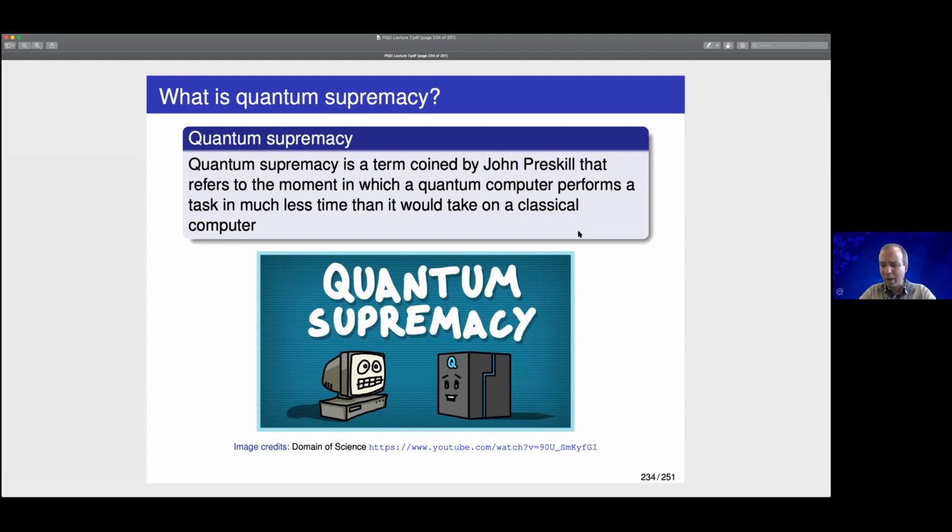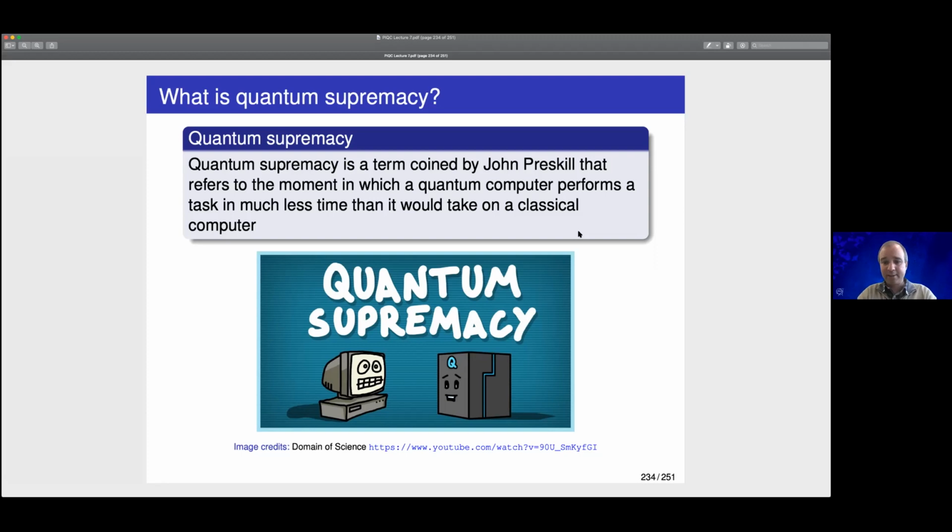Okay, so quantum supremacy has been defined. Well, you also know that this term of supremacy has some controversy, but is widely used. Sometimes I will use supremacy, sometimes I will use advantage, but the idea is that it refers to that moment in which a quantum computer, a real quantum computer, is able to perform a task in a much smaller amount of time than the best supercomputer, classical computer would take for the same task.